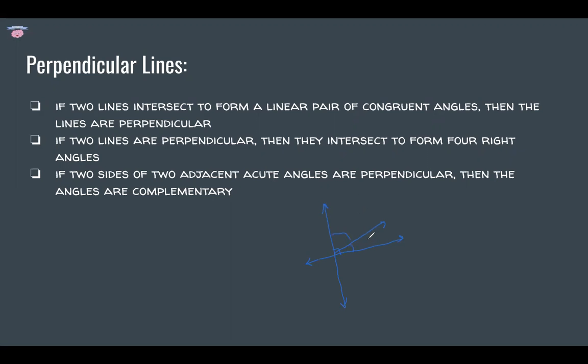I'll give you a second to pause. Well, this is an extremely easy one because we know if this is A and this is B, A plus B must be 90 degrees because the sides are perpendicular, so this must be 90 degrees. And by the angle addition postulate, you know that this angle plus this angle equals the total angle. So A plus B is equal to 90, and that's just the definition of complementary angles.